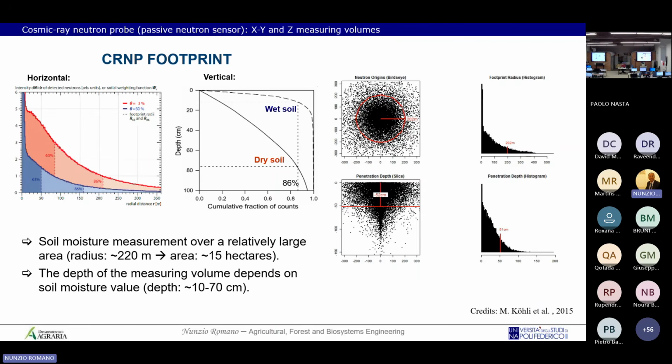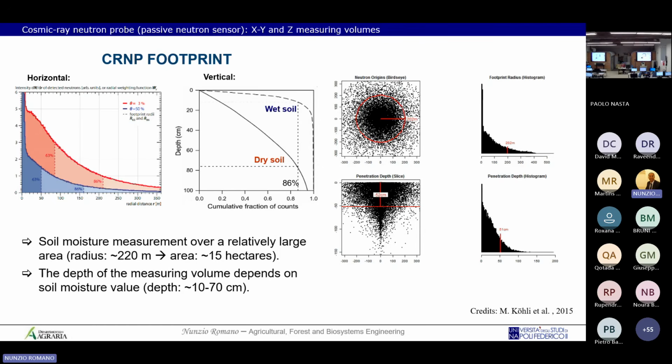In the sense that for wet soil, this thin layer is about 15-20 centimeters, but if the soil becomes drier, the volume of soil investigated and the average depth for measuring soil moisture is more than 50, 60, even 75 centimeters. So this gives us an idea.